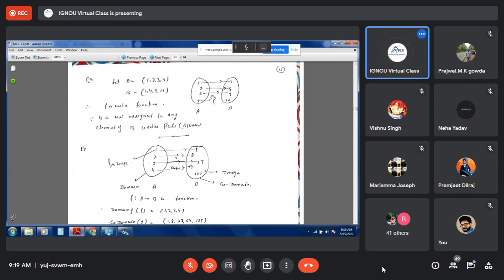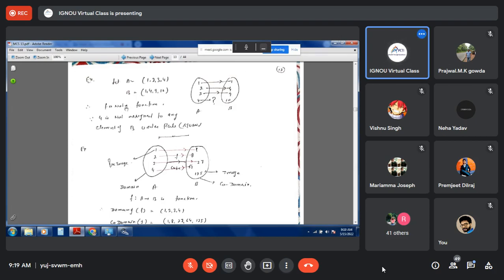4 square, there is no member present. We are not concerned with this. We are concerned with these elements. These elements should have an image in B. It means it is not a function.